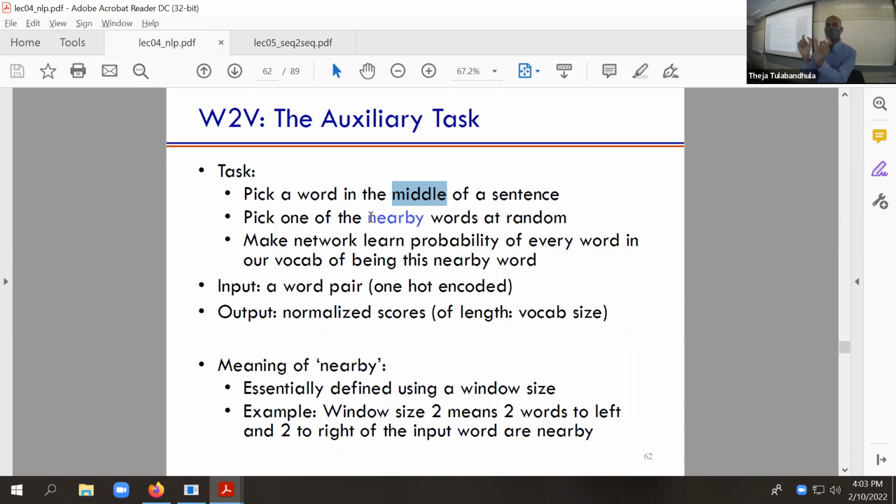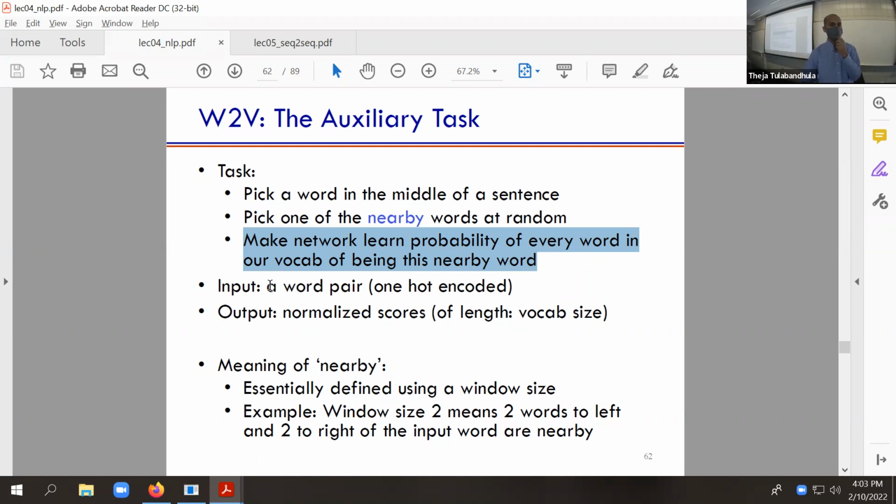The word you picked first is your input, and the nearby word is your output. Your prediction task is, given this input word, predict this nearby word. In other words, given this input word, what is the probability of each word being this nearby word? So the number of outputs is actually the vocabulary size now, let's say 10,000 or something.